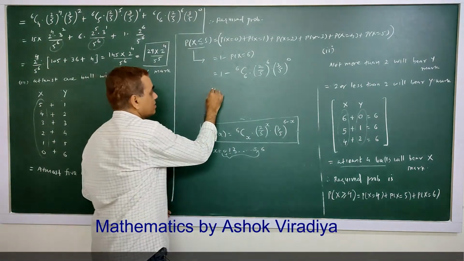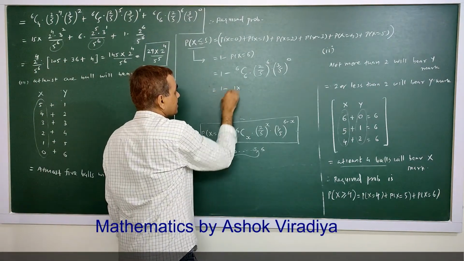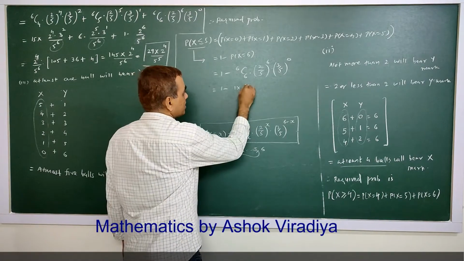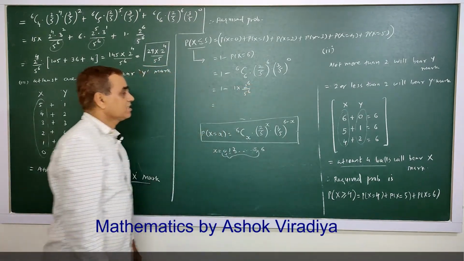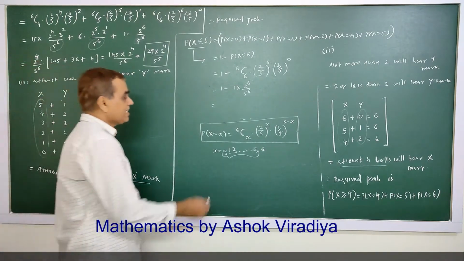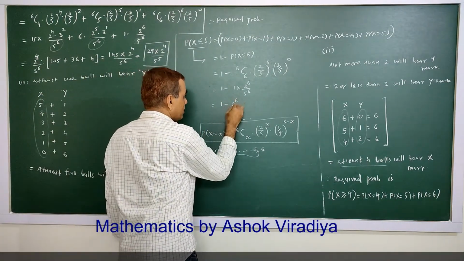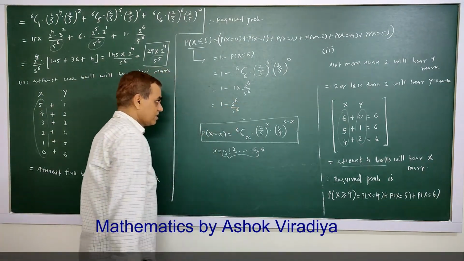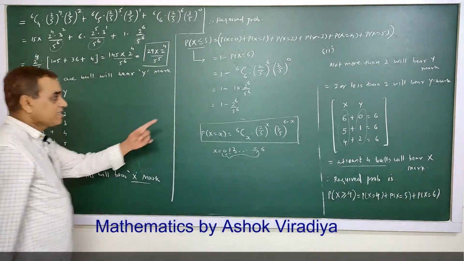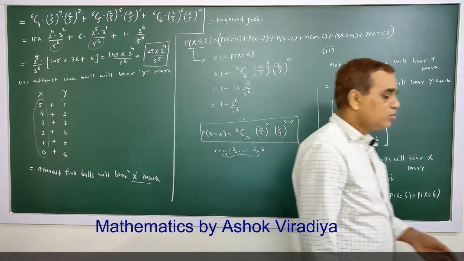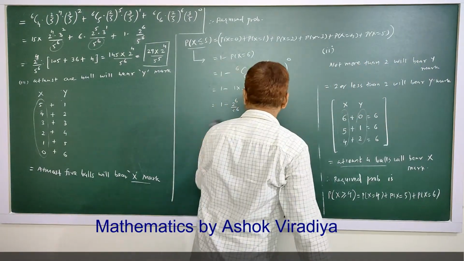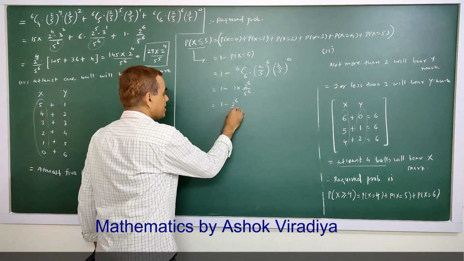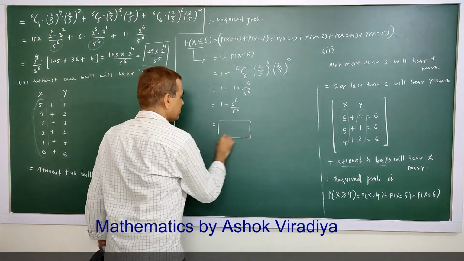That is 1. So this is 2 raised to 6 upon 5 raised to 6. So 1 minus 2 raised to 6 upon 5 raised to 6. This can be calculated using a calculator. By taking LCM, you can solve this now.